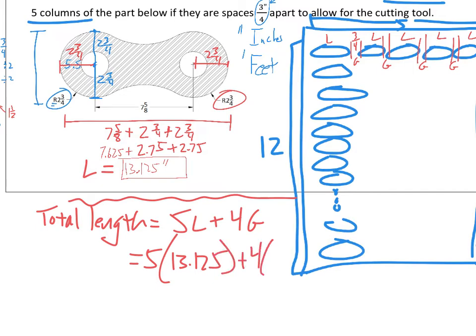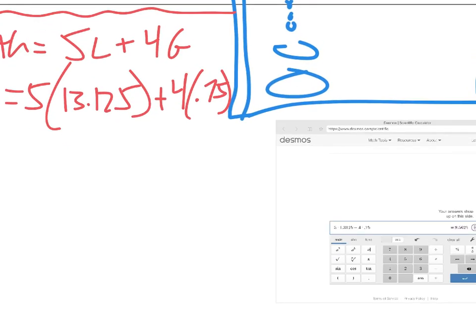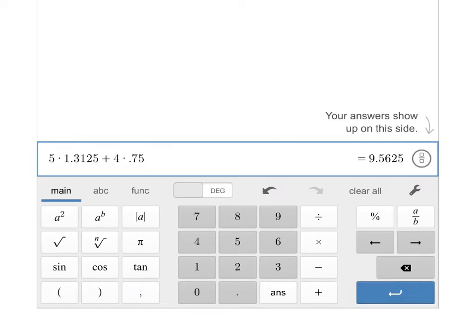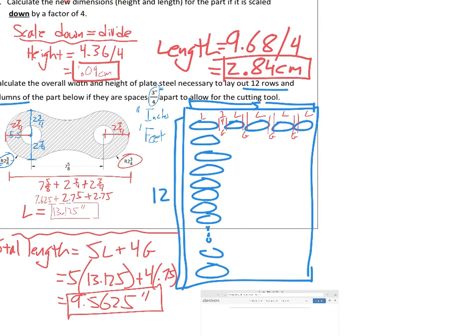Notice there's 4, not 5, but 4 gaps at 0.75. So if we punch it on the calculator here, so we have 5 lengths and 4 gaps, we get 9.5625, and that is inches. All right? What about this? So this width here, that's how wide it needs to be.